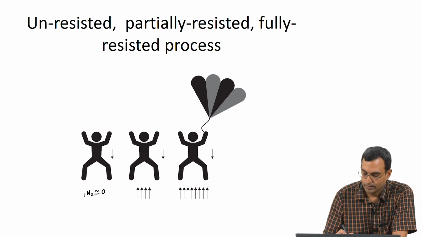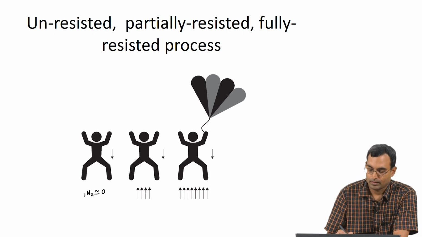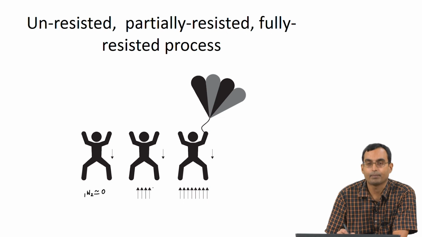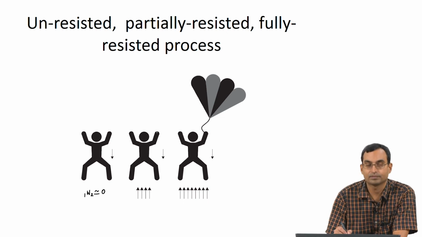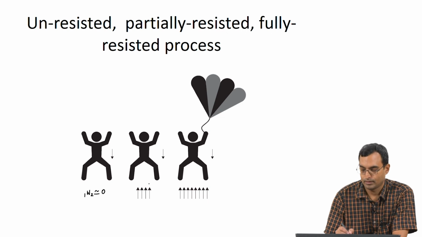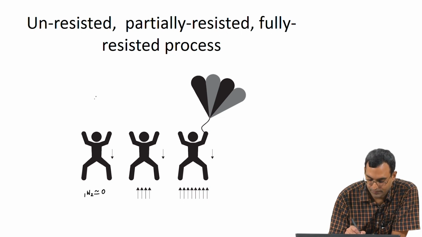Let us say now the air is fairly dense, then what you see is that there is some amount of resistance to air flow, and you have some amount of work which is being exchanged or being done. So, for example, let us say this person has a mass of say 60 kg.